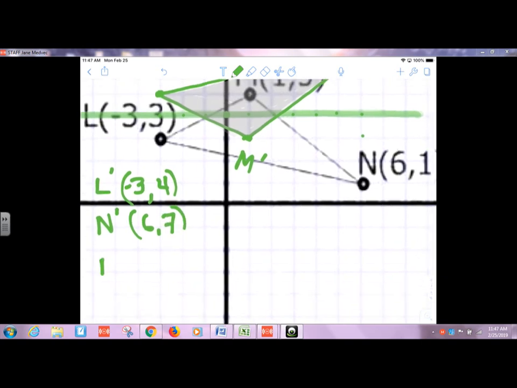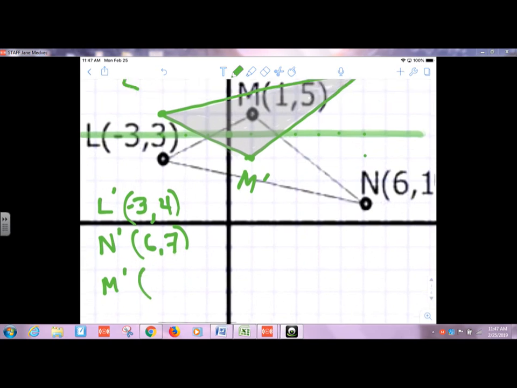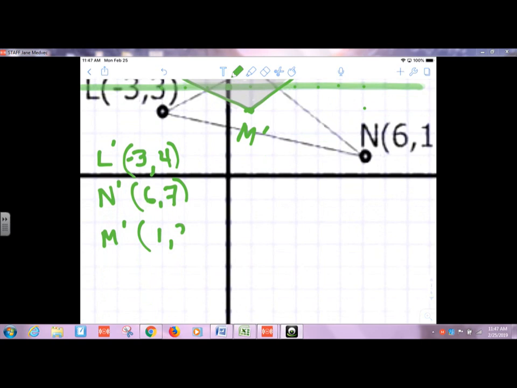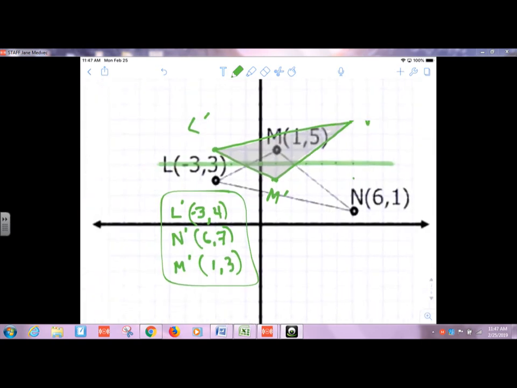And then M prime, I'm going to list that new ordered pair, and so it's 1, 3. So the key is to reflect over that green line, but then when you list your ordered pairs, be really careful that you're looking at your axis.